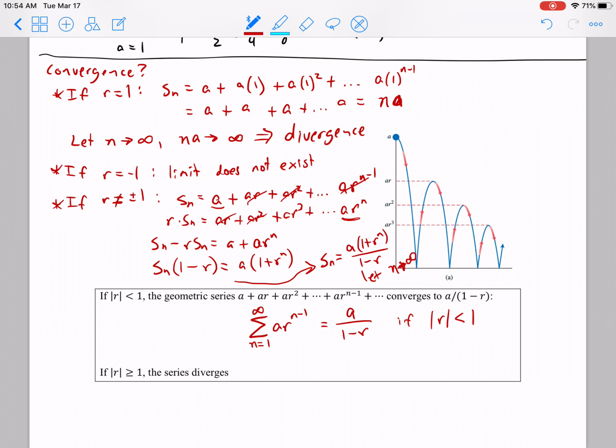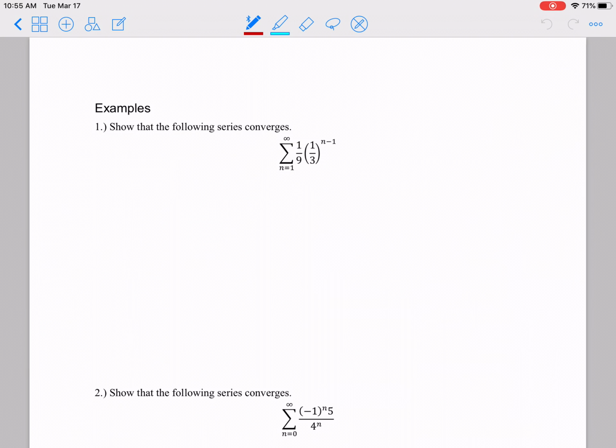And so let's go ahead and try using this a couple times in some examples. So here, show the following series converges. We look at this. This is a, and this is r. So a equals 1/9, and r equals 1/3. Now, that means that we can have this become 1/9 over 1 minus 1/3.